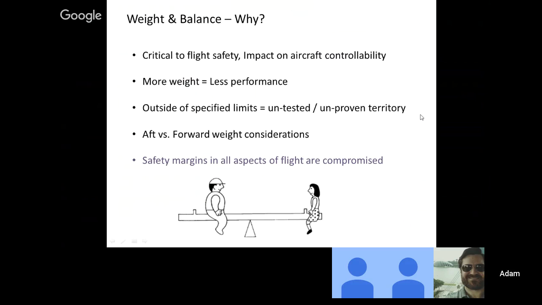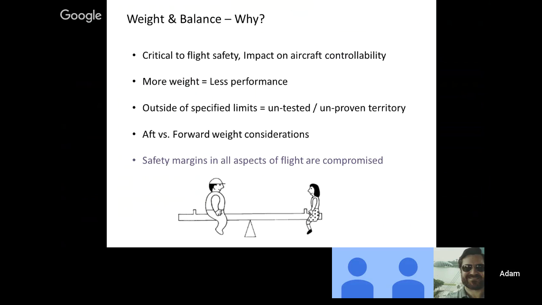So probably the biggest high-level important item to remember when you're thinking about weight and balance is it greatly affects performance. It is probably the biggest aspect of your flight planning that will affect aircraft performance. The reason I say that is, your aircraft is designed one way, it has one engine in it, it's got one size fuel tank, so certain aspects of your flight planning are always going to be very similar from flight to flight.